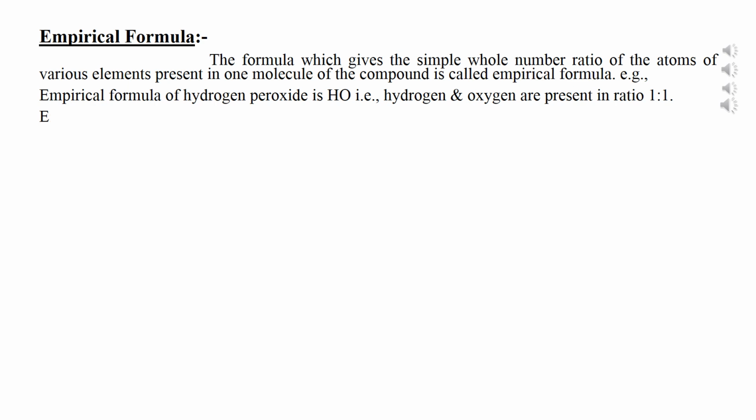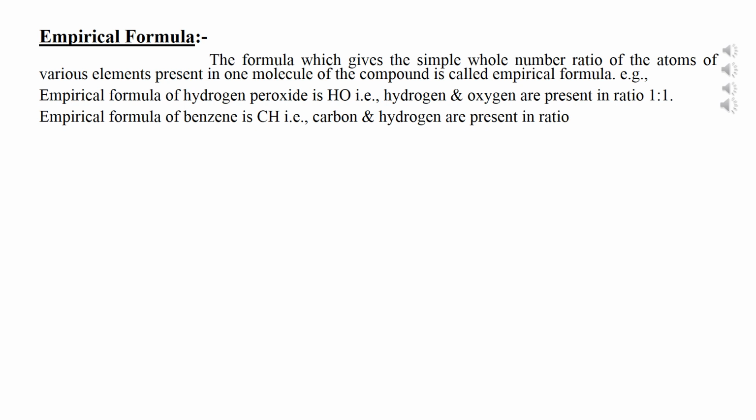Similarly, the empirical formula of benzene is CH. That is, carbon and hydrogen are present in the ratio 1:1, because the formula of benzene is C6H6, in which carbon and hydrogen are in the ratio 6:6 and the simple whole number ratio is 1:1.